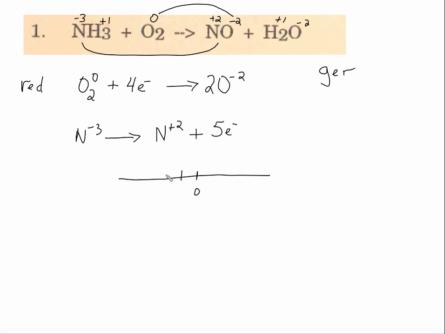So if you have 0 here, then you got -1, -2, -3. Here's -3 here. And then over here you got +1, +2 here. Okay, what's the difference between -3 and +2? The answer is 5.